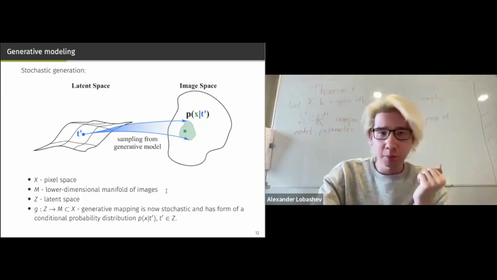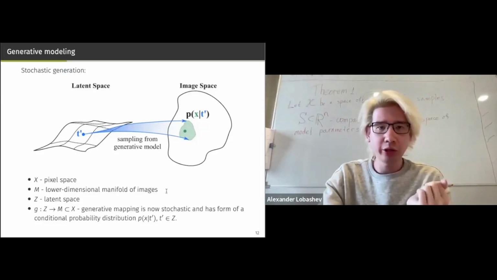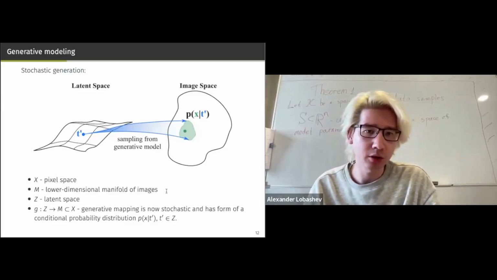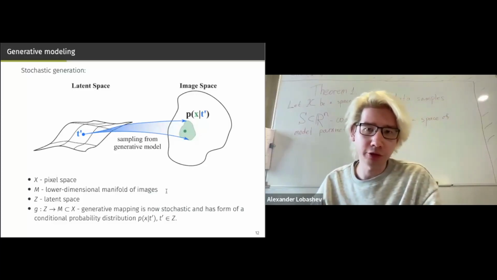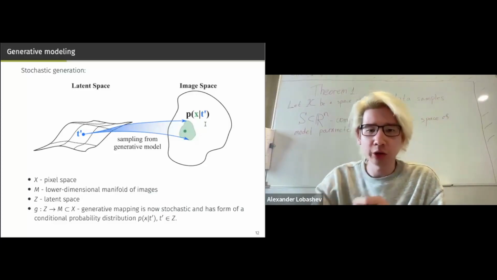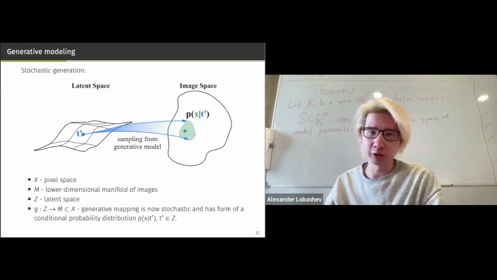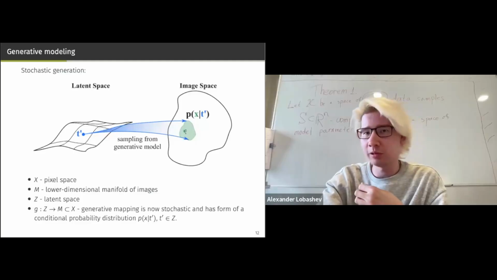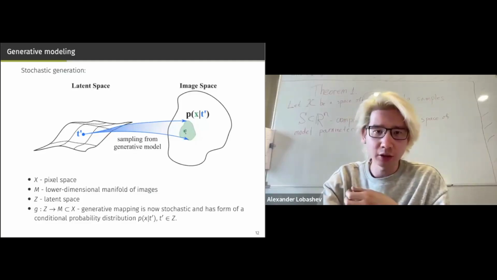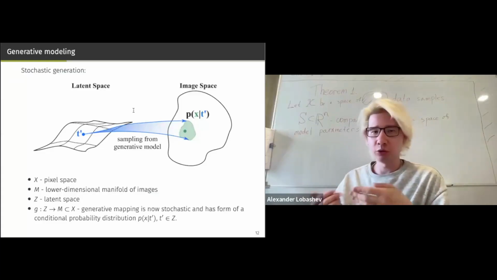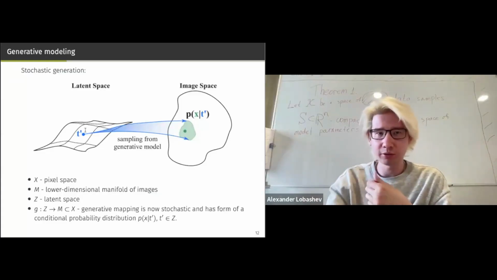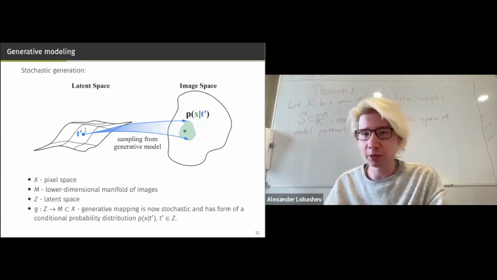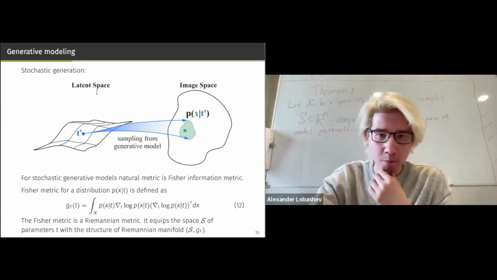Okay, and in the deterministic case, we had a pullback metric on our manifold of generated images, but now we don't have any convenient manifold. Every point in our latent space corresponds to some probability distribution. And in order to introduce geodesics for this case of stochastic generative model, we need some notion of metric in the space of probability measures.